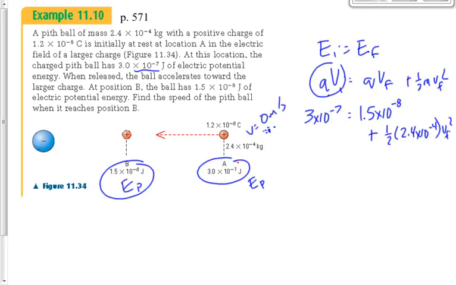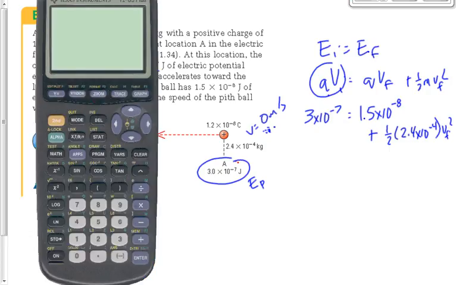Let's do this on our calculator to make sure that we can do it here. 3 times 10 to the minus 7. Let's subtract from that 1.5 times 10 to the minus 8. Let's multiply that by 2 to get rid of the half. And let's divide that by 2.4 to get rid of the 2.4.